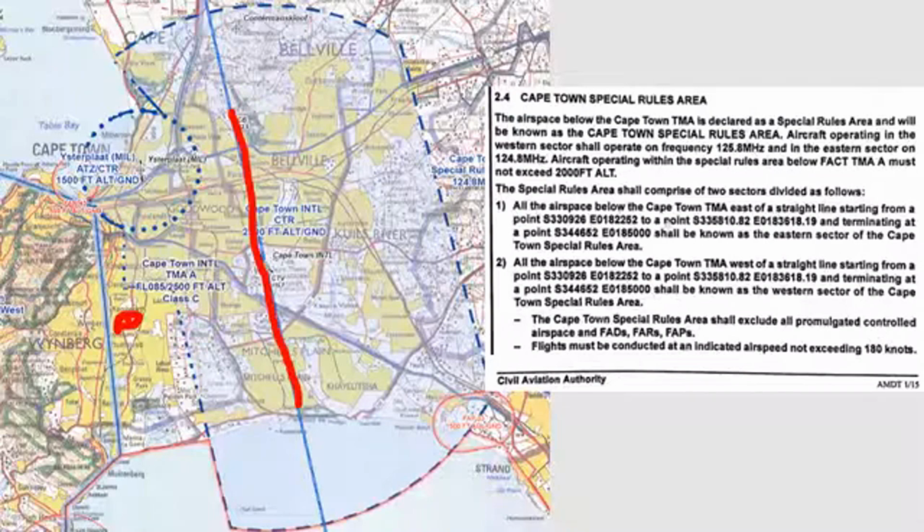To the north, we're looking at approximately 30 nautical miles from the boundary of the Cape Town CTR, and to the south, it will just be to the boundary of this Cape Town CTR, entering the danger airspace, the FAD 143, which belongs to the military. So this is not a perfect circle type airspace where it's exactly the same distance on either side.